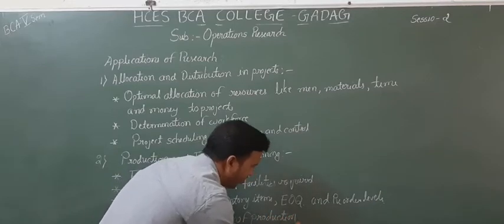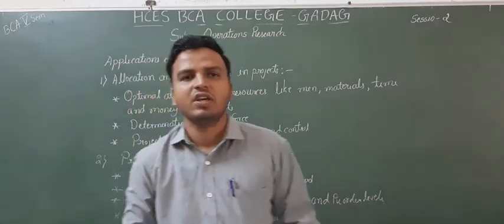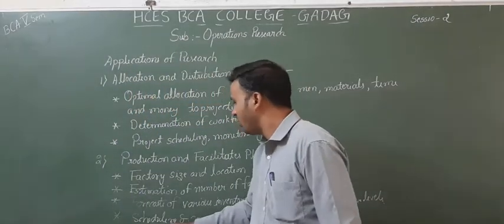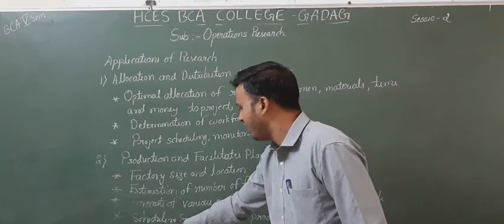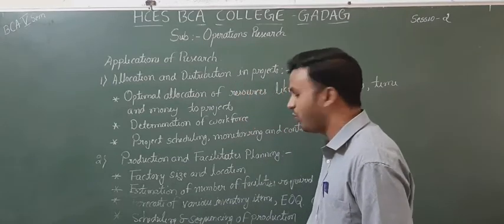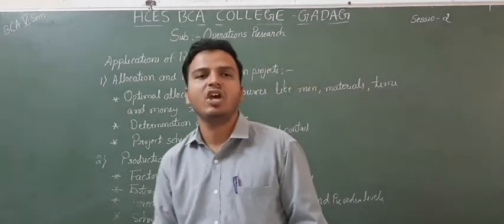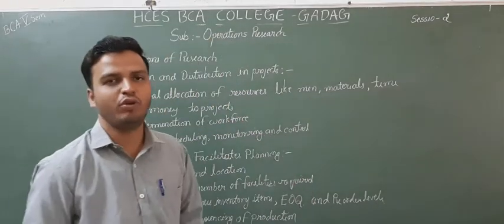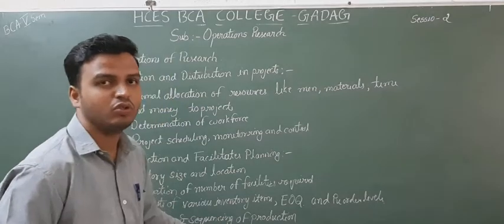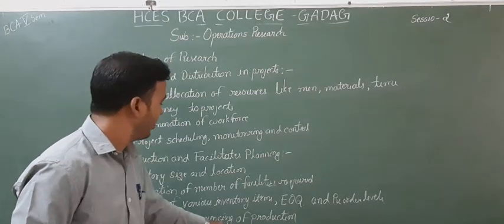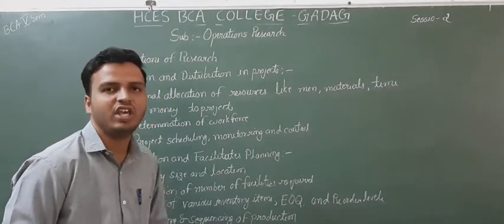Before establishing our production, we have to define scheduling and sequencing of production. In which machine which item is produced and at what time. These are very important while producing the items.